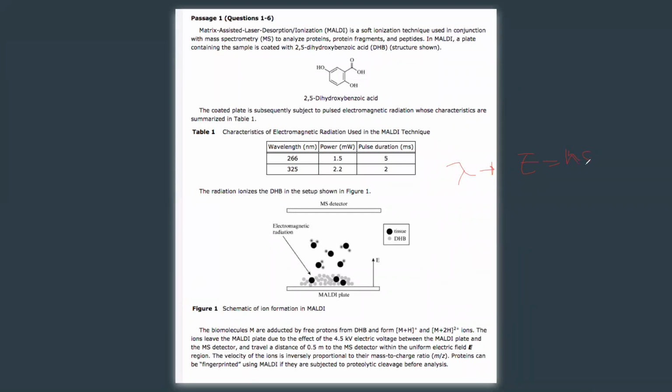Planck's constant, c over lambda, right? So they care that you know the wavelength because they want you to know the energy inside the photon. Why? They expect you to understand the consequences of light acting as a particle, where it can have a specific amount of energy, which we can easily calculate a direction of high to low from red to violet.